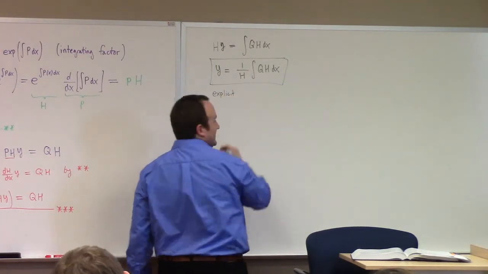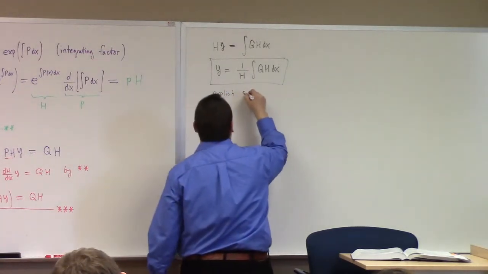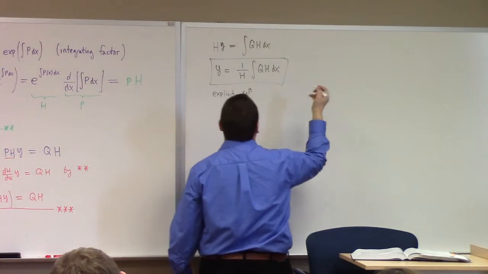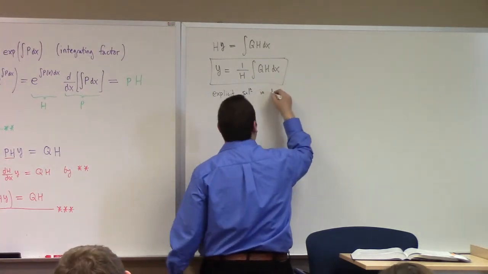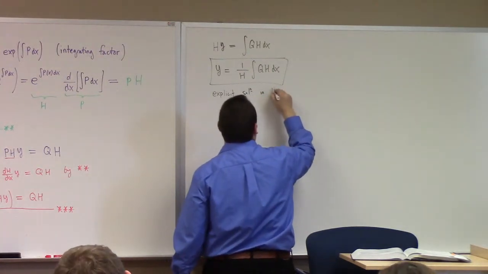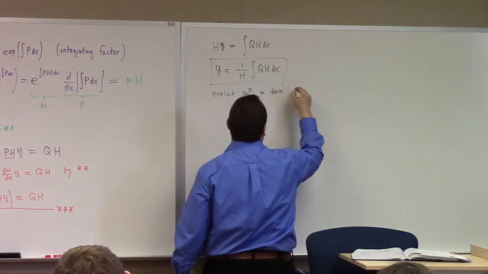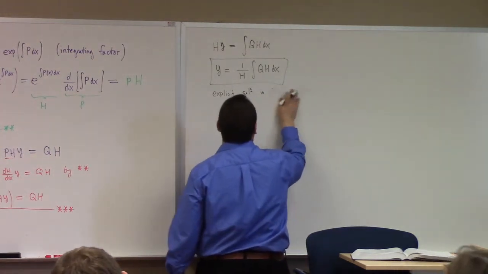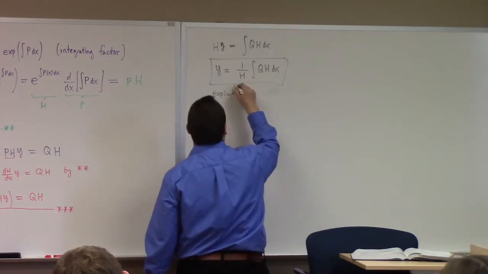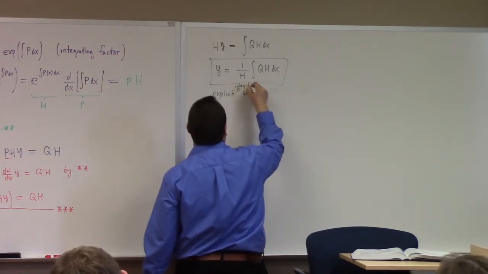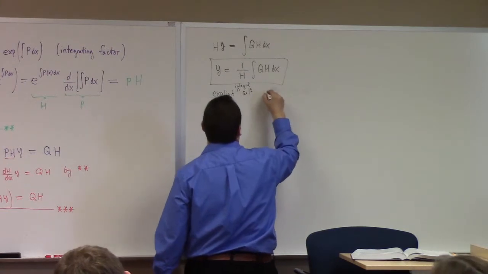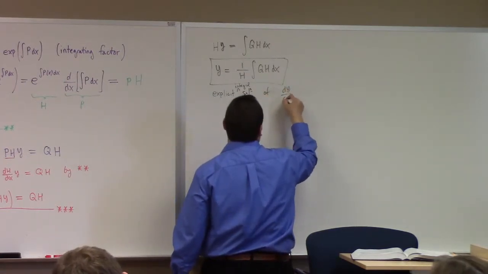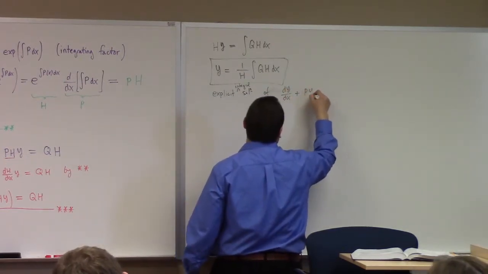It might not seem very explicit, but explicit solution, in the classical language, means in terms of quadratures, which is just a fancy way of saying it's an integral solution. An integral solution is one that involves integrals of dy dx plus py equals q.